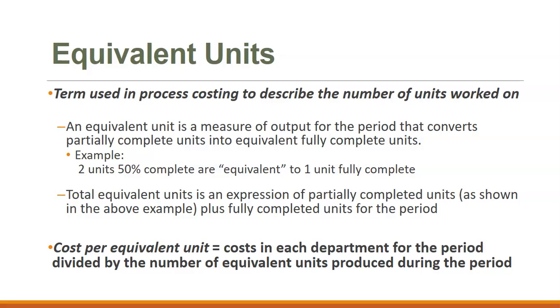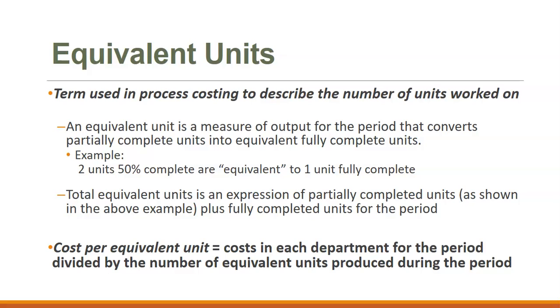The main thing that we're concerned about in process costing is the equivalent units. So this is the amount that we worked on during the period. It's a term used exclusively in process costing to talk about what work was completed during the period. So if at the end of the month we have, in this example, 2 units that are 50% complete, they are equivalent to 1 fully complete unit.